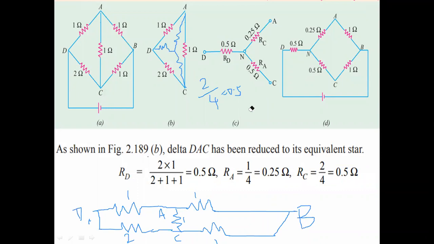Okay, if you have any doubt you can ask. If anybody did not understand, you can ask, because a definite question will be there in the final exam based on this star to delta, delta to star. Definitely a question is there, confirmed, they will give this question.